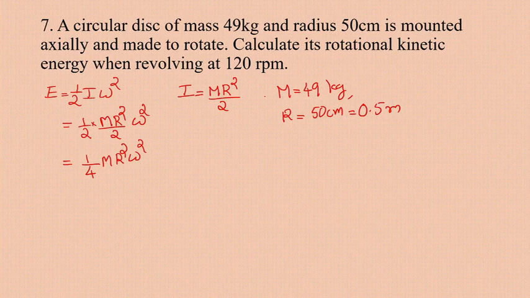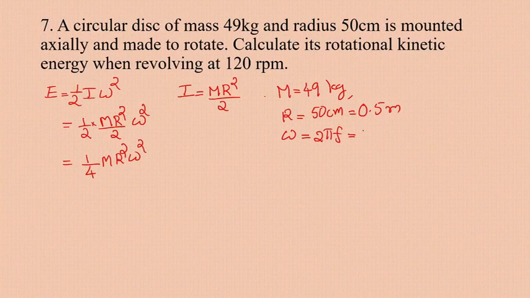Okay, so omega is equal to, we have to convert into revolutions, 2 pi into revolutions per second, that is 2 pi f.